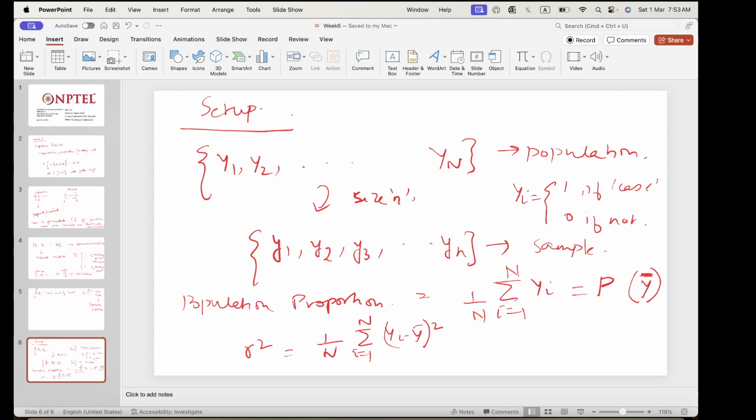So if we expand this, we'll get 1 by n summation yi square, i equal to 1 to n, minus 2 y bar summation i equal to 1 to n yi plus summation i equal to 1 to n y bar whole square.